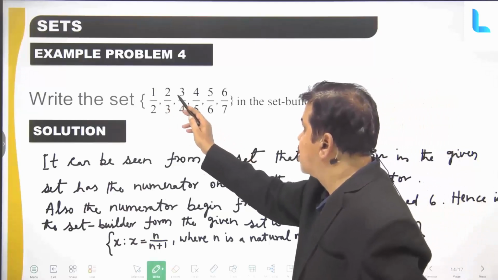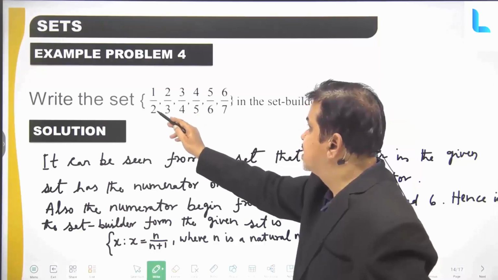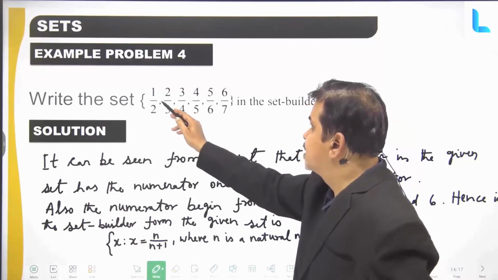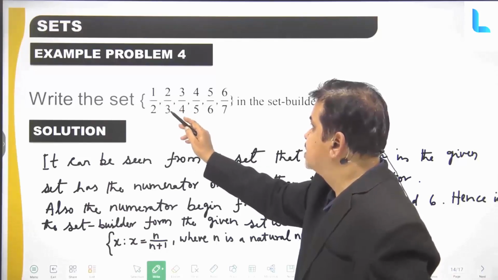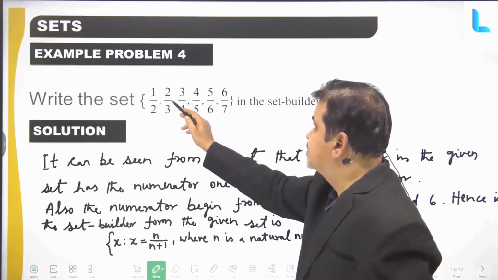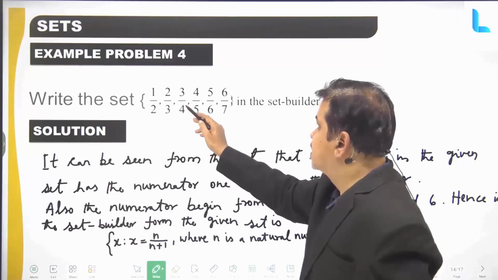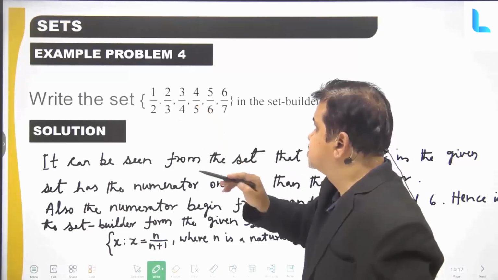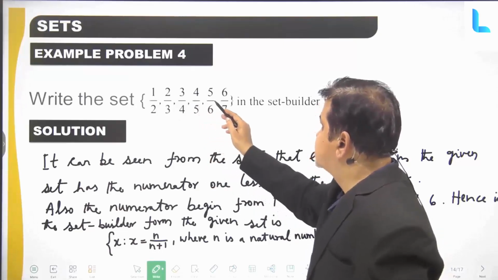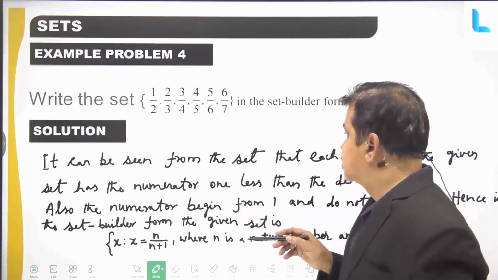Here the denominator is 2 and the numerator is 1. On the next element the denominator is 3 and its numerator is 2, which is again 1 less. And in the third element the denominator is 4 and the numerator is 3. So this is the repetition in the other elements in this particular set.